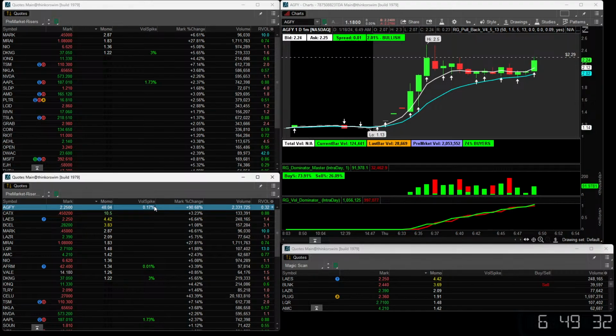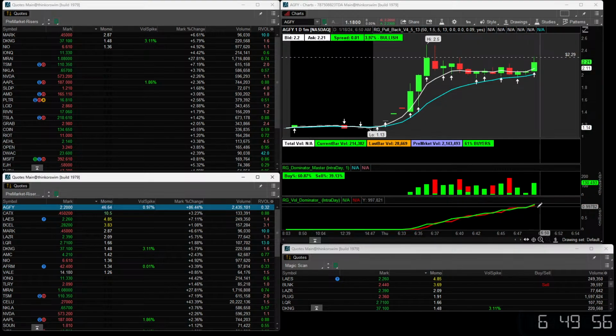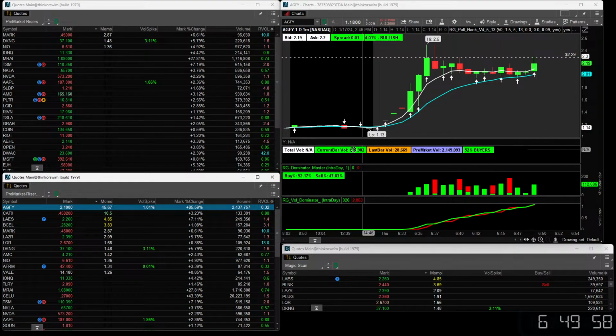Looks like we're getting second wind here. Let's see if we can get above 229, or does it become a brick wall? I'm watching the buyers and the sellers down here. They're battling it out. I'm also watching volume here.